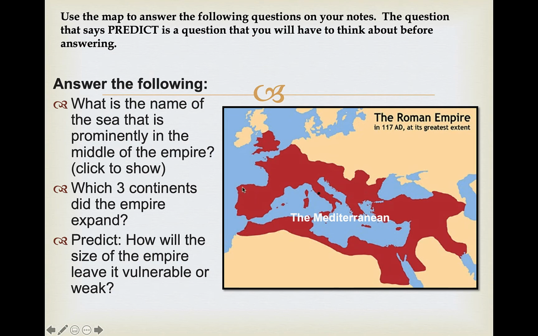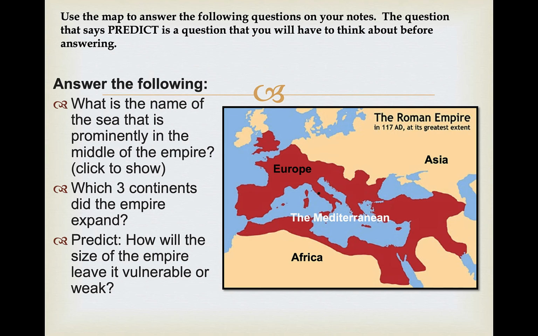This would be Spain, Portugal on the outside of here. Up here is England. Okay, so we're looking at all these different things, and you can see that the Roman Empire was huge, and the Mediterranean was in the middle. The 3 continents were Europe, Asia, and Africa. So it spanned through 3 different continents.